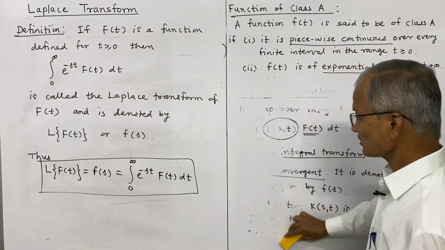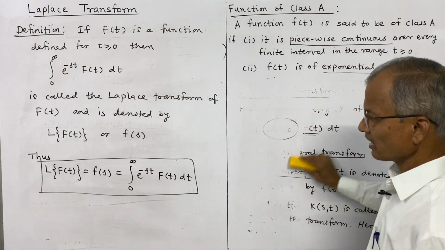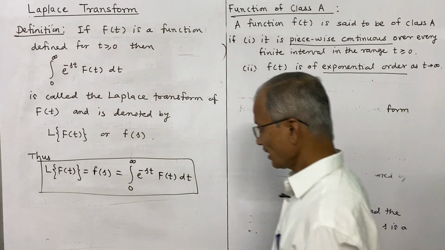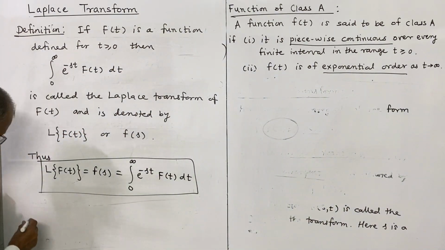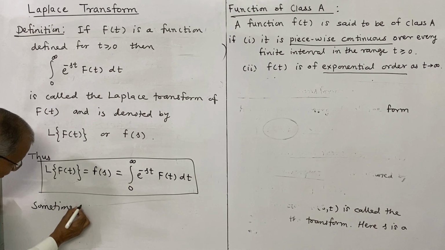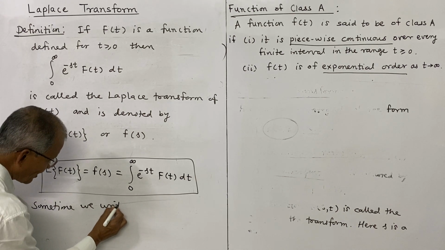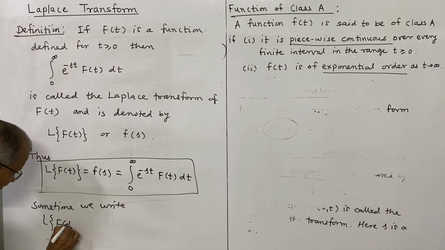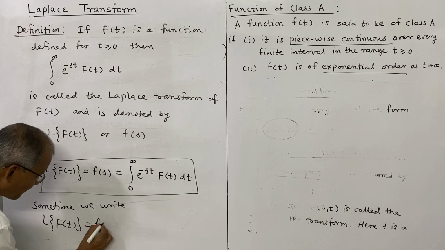Sometimes it may be denoted by F of p also. In that case we write L of f of t is equal to F of p.